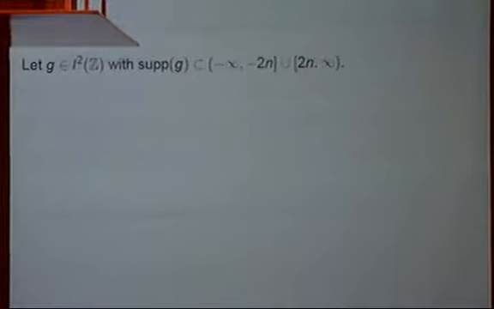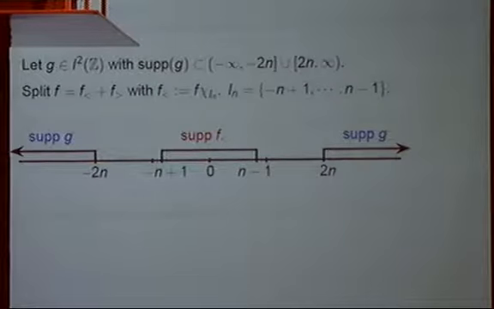Okay, so just let g in L2 have norm 1 and support right there. And then what we are going to do is split this f into two parts, f small and f big. Here f small is f itself restricted to negative n plus 1 to n minus 1.